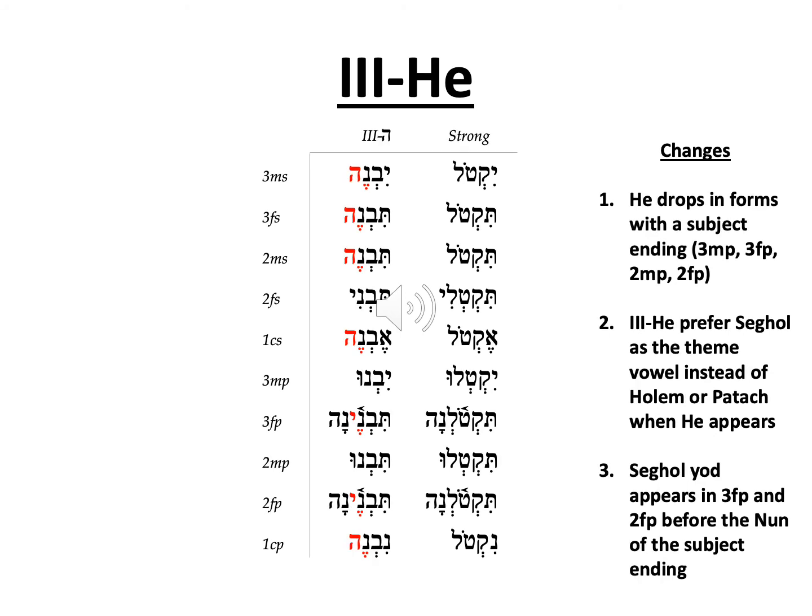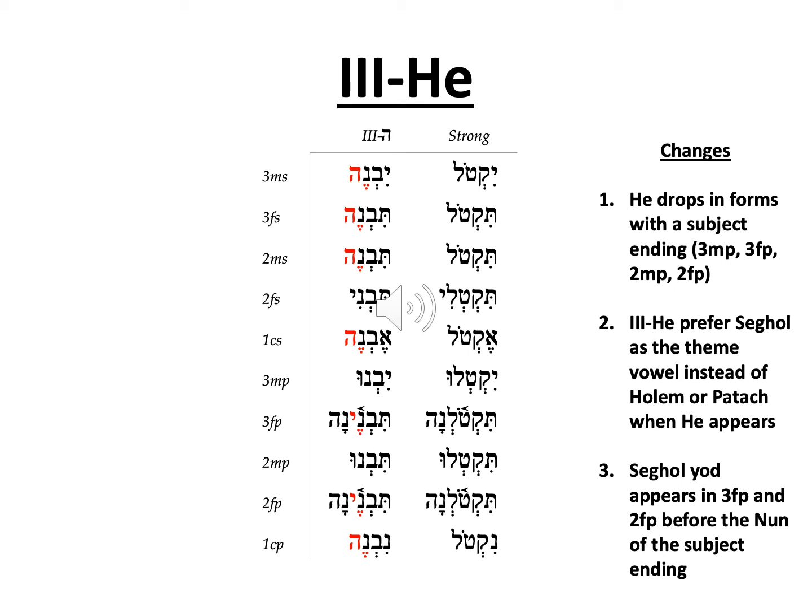Third hey verbs also like to do their own thing, although third hey verbs are very similar in the imperfect as they are in the perfect. Hey will drop in forms with a subject ending, just as we saw in the perfect. Third hey verbs in the imperfect prefer segol as the theme vowel, instead of a holum or a patak, when the hey does remain on the verb form.